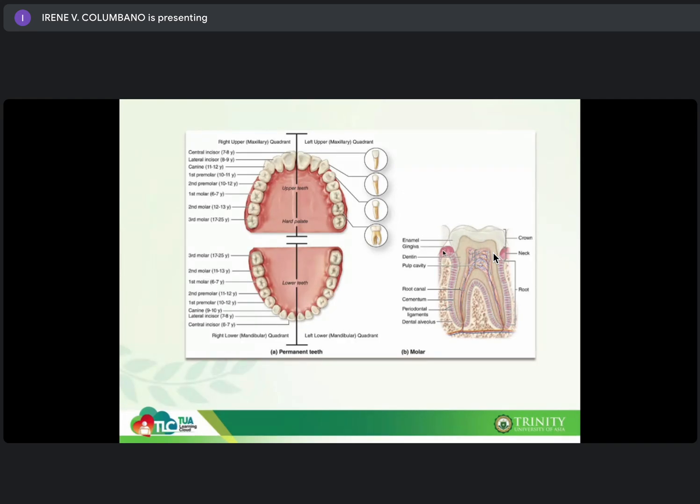Pag nagtutoothbrush, mabilis magdugo, or nagdudugo siya kusa, it is a sign of gingivitis. Bakit tayo nagkaka-inflammation ng gingiva? Most common pa rin is secondary to poor oral hygiene. So pag nagtutoothbrush, hindi nagpo-floss, mas mataas ang probability na magkaroon ng periodontal disease, and one of it is the gingivitis.